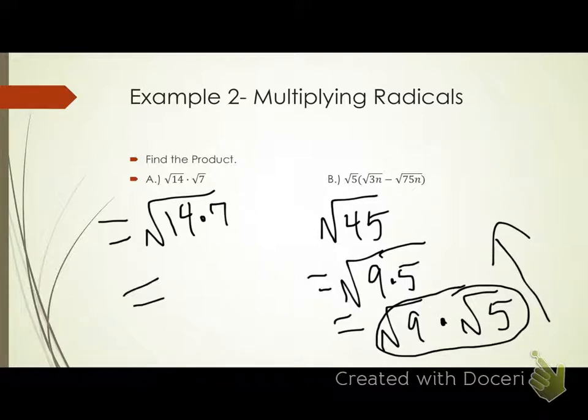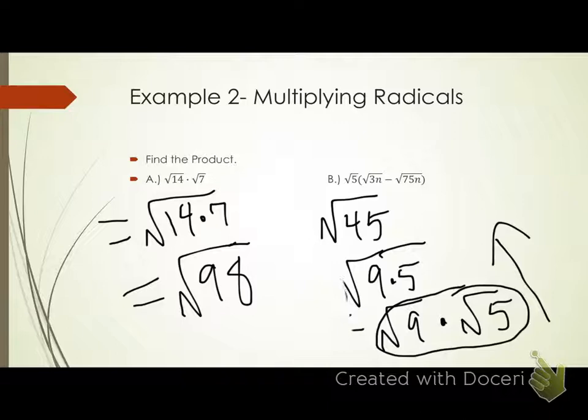And then multiplying 14 and 7, I get the square root of 98. So if I'm multiplying a square root times a square root, I can just multiply the numbers under the radical. It doesn't matter if they're like radicals or not. I just need to multiply the number under the radical.